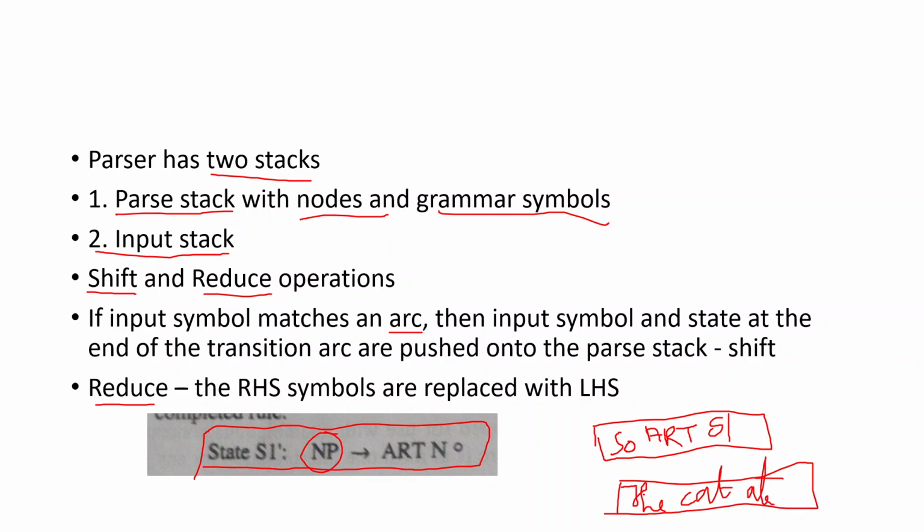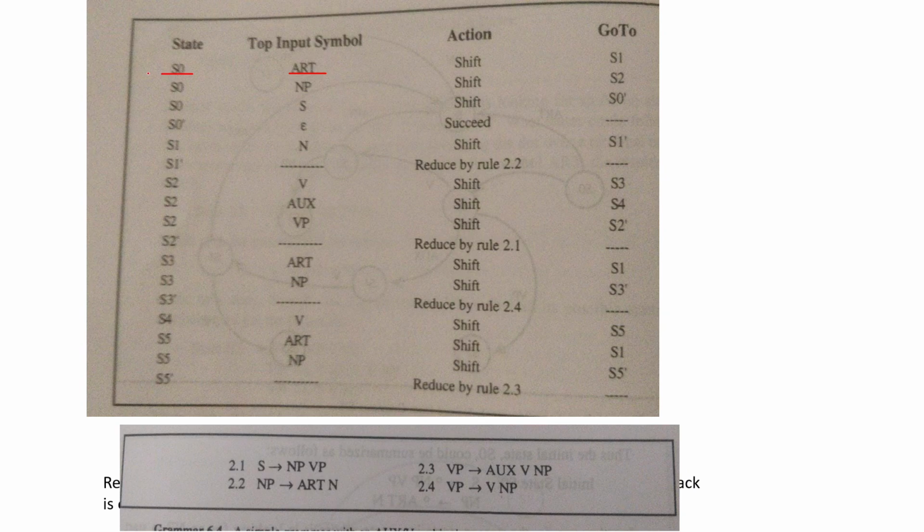When you come across the, which is an article, at state S0, what is the transition? In S0, if you come across an article, you have to shift the input onto the parse stack and then transition to S1.